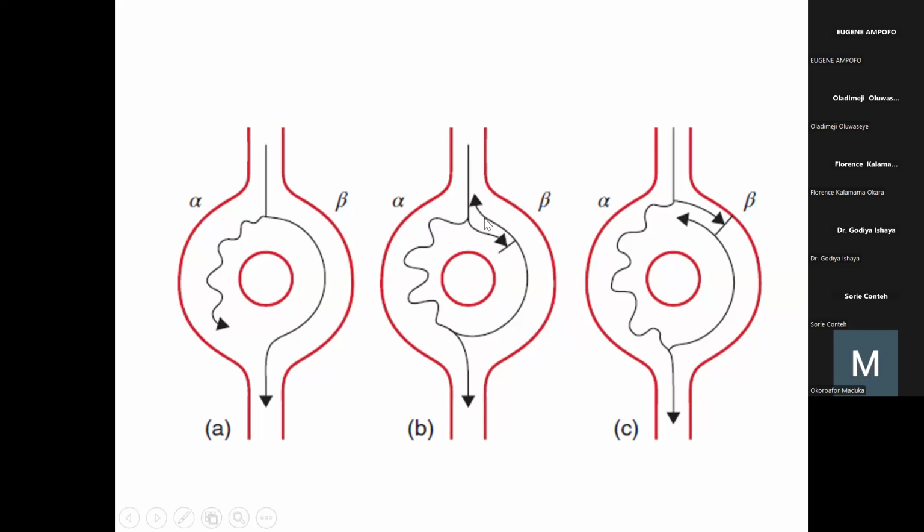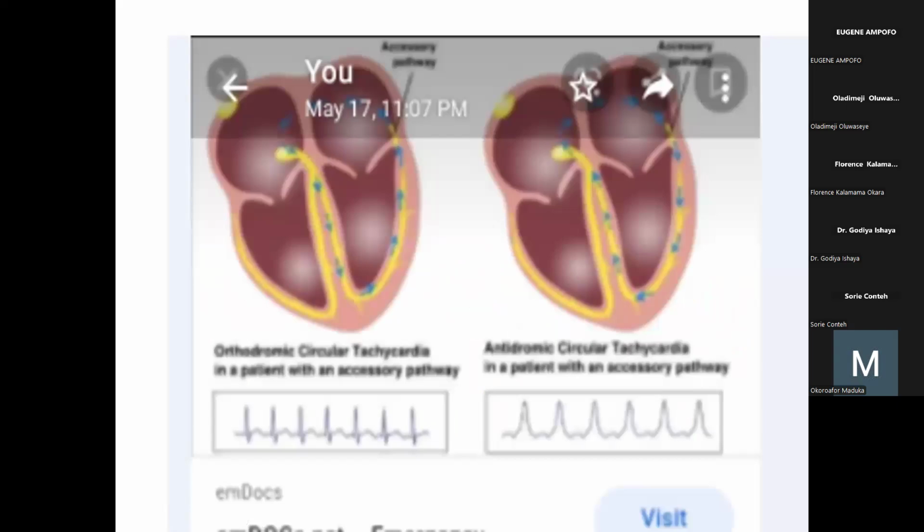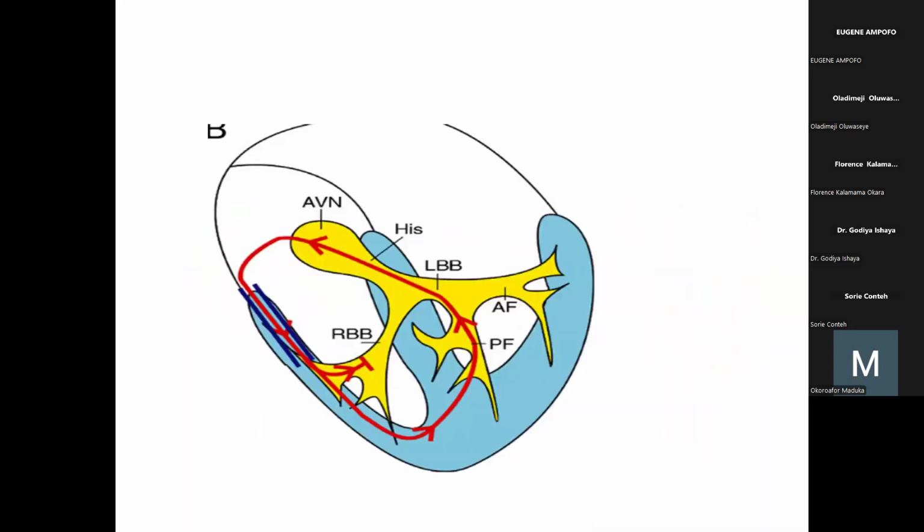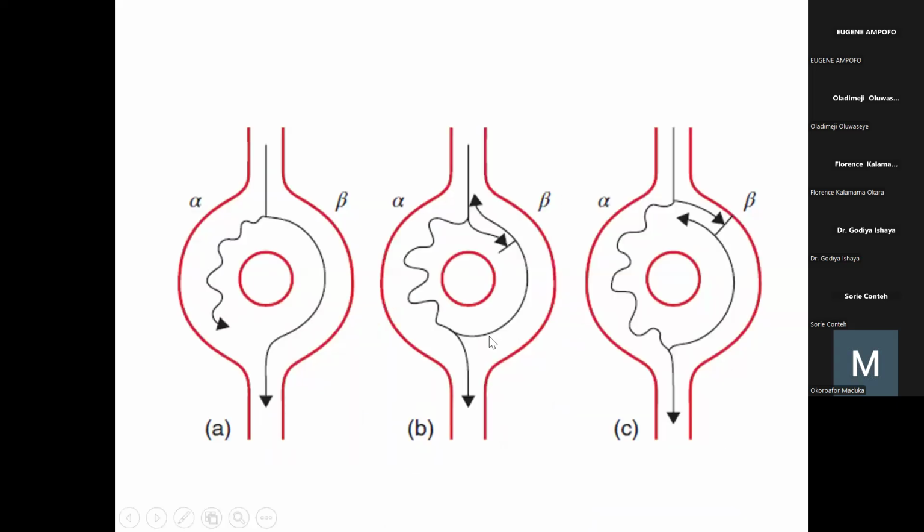One last piece of information: when we say a patient has AVNRT, that means the pathway that is mediating the circuit is in the AV node.